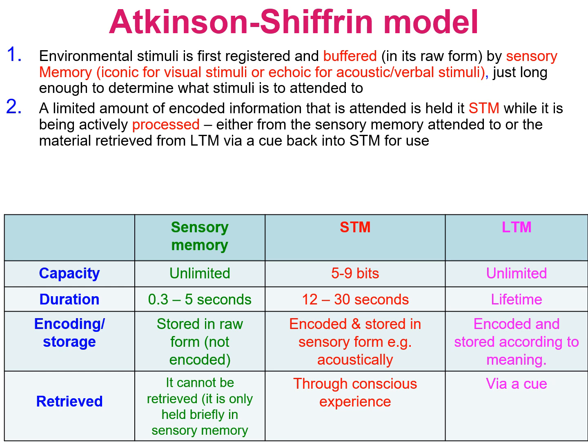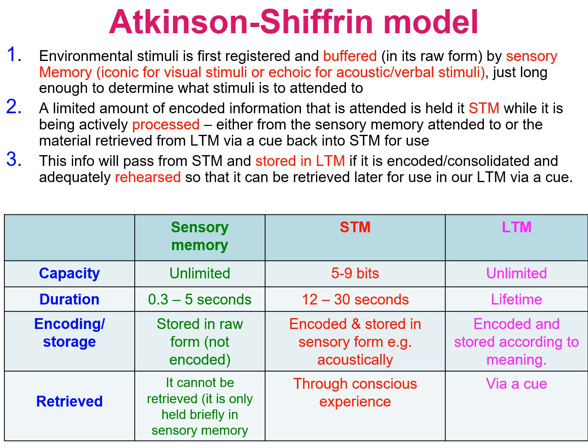but if we can somehow link it to existing material in LTM, we'll start that LTP process. And then, if we can adequately encode that new material, it will be retained in LTM, in a neural network.